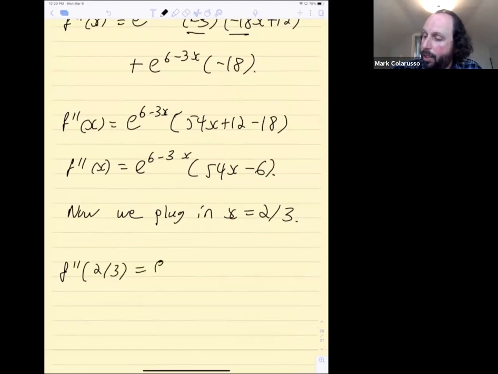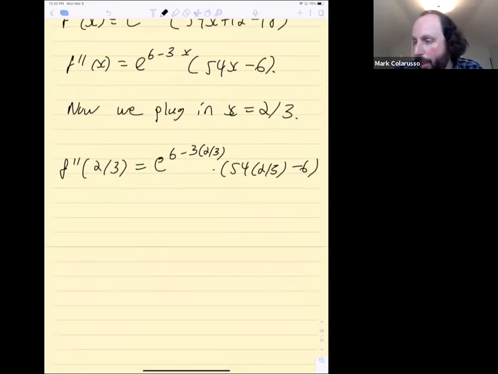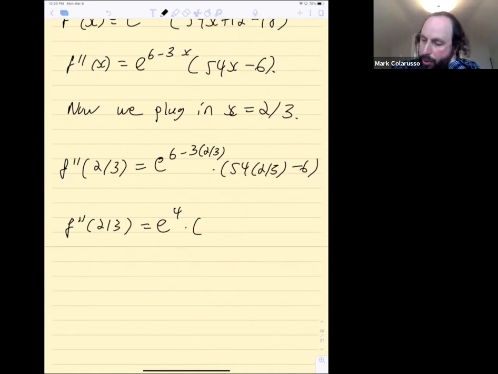So this is e to the 6 minus 3 times 2/3, times 54 times 2/3 minus 6. We can work out exactly what it is, but it should be pretty easy to see what the sign is. This is e to the 4, and then 54 times 2/3.